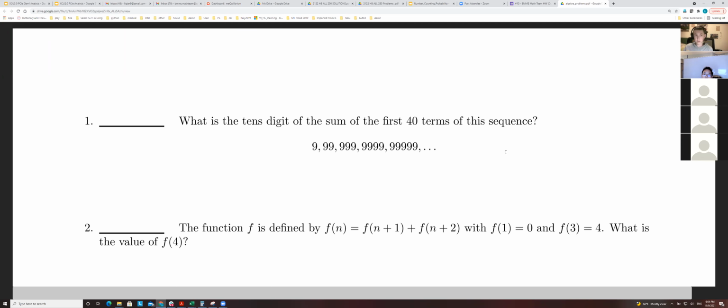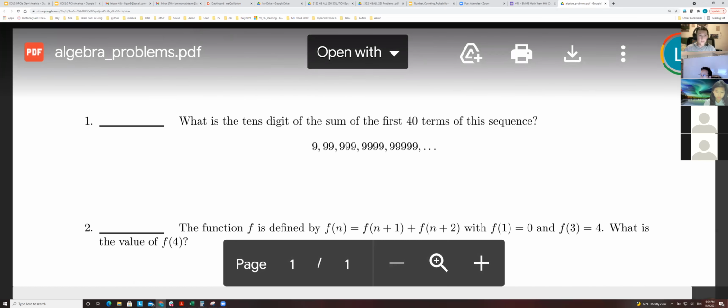But if you just do 39 times 99, and we only care about the tens, right? Because the first one doesn't have the tens, so 39 times 99 equals what?